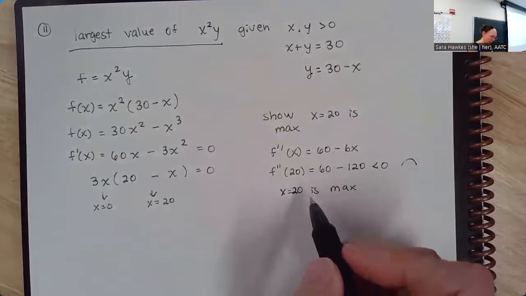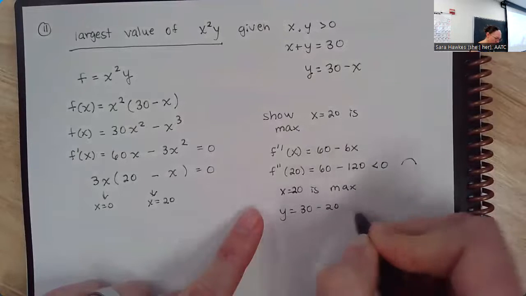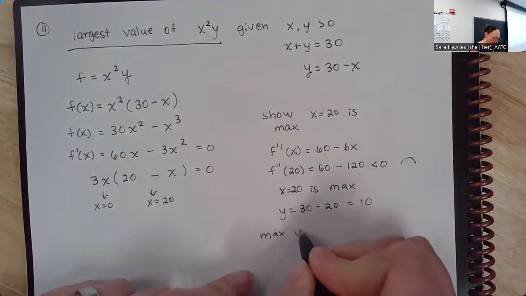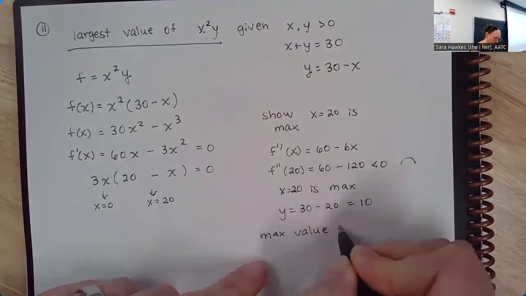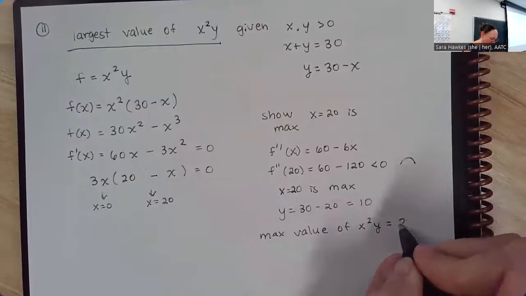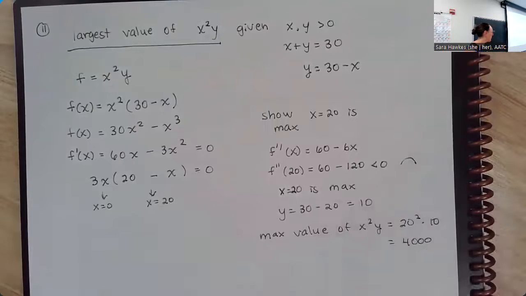If x is 20, then I know y is 30 minus 20, or 10. And I know that my max value of x squared y would be 20 squared times 10, or 4,000.